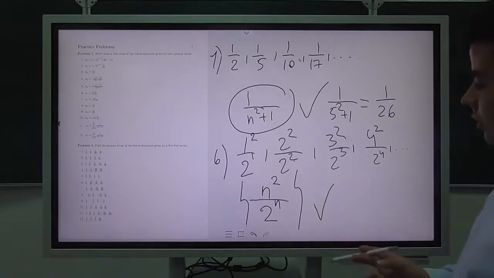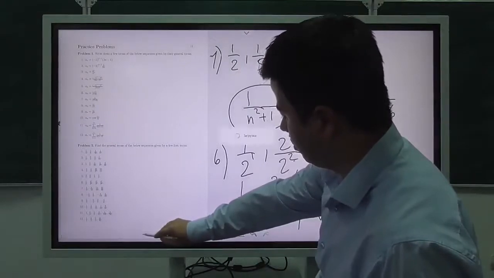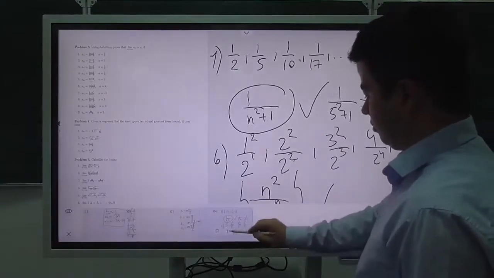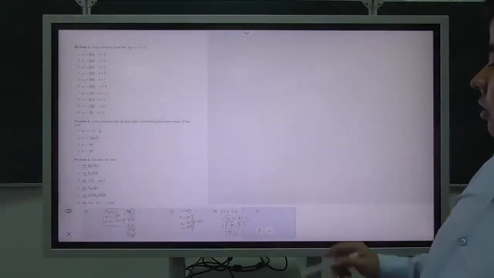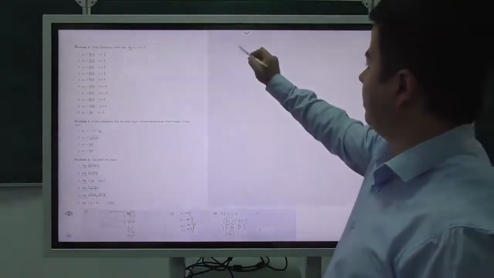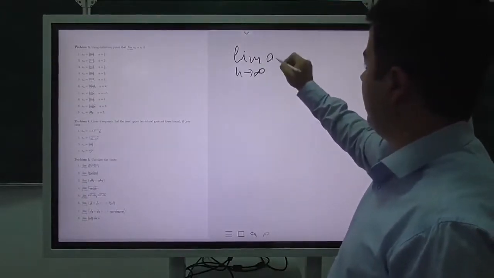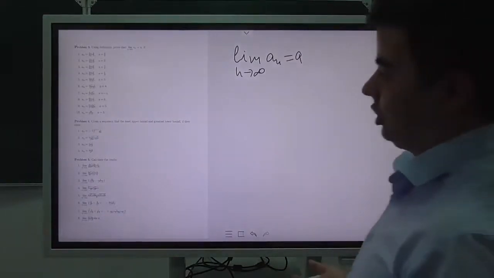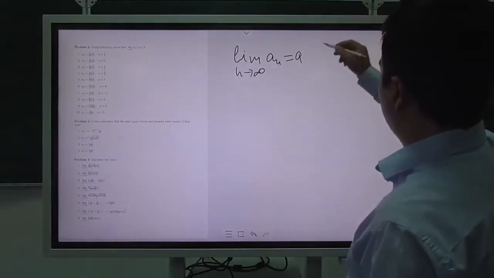Okay, now the next example. Using the definition, prove that the limit as n tends to infinity of an is a. Now we need to use the definition. Let's one more time remember the definition.